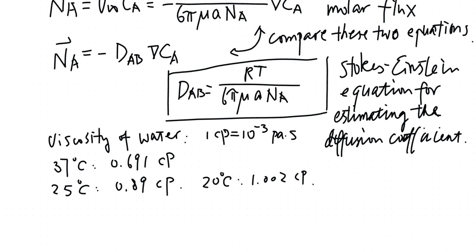So we roughly say at room temperature, the viscosity of water is 1 centipoise. But in the body, it's a bit lower because of this.